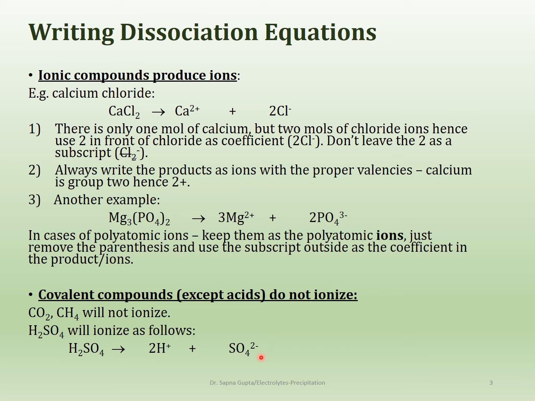So this is 2-, and then you have 2 of the hydrogens, so you'll put 2 as the coefficient and then H+. Again, remember, do not leave it as H2. You have to write it as 2H+. Okay, that is how you will write these equations. It takes a little practice, so please make sure you practice writing dissociation equations.